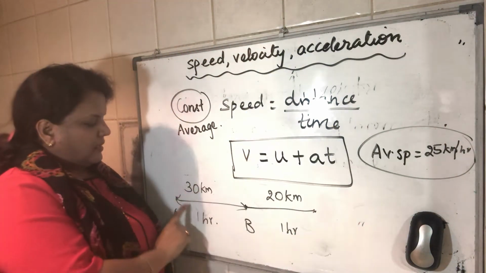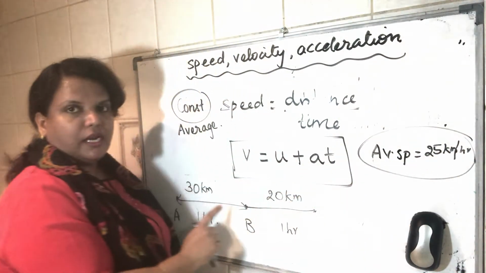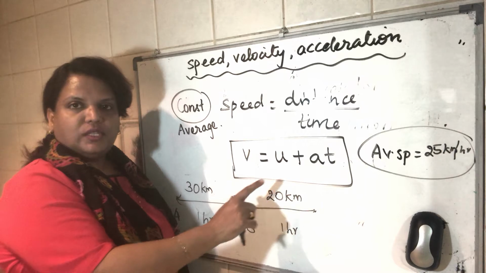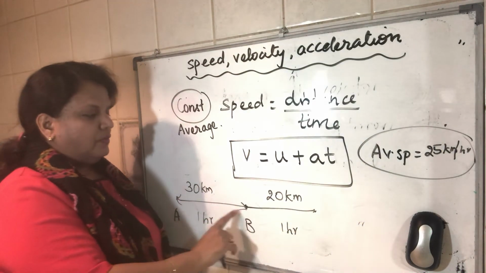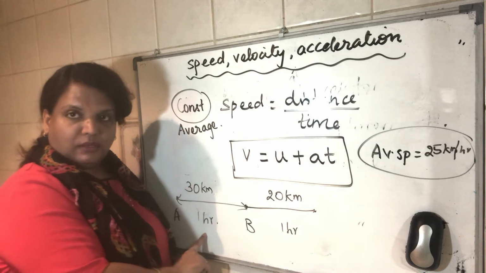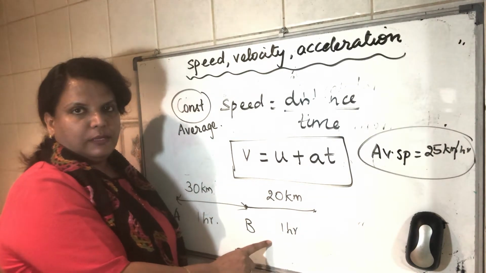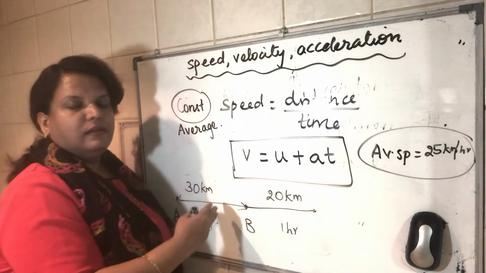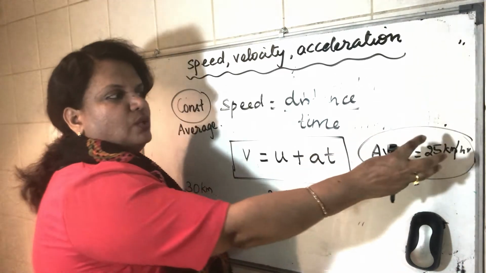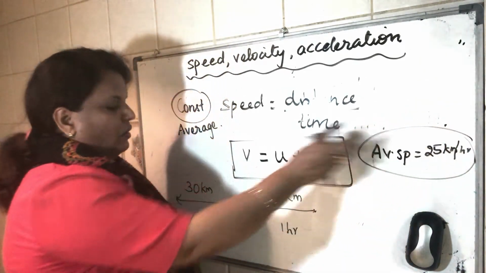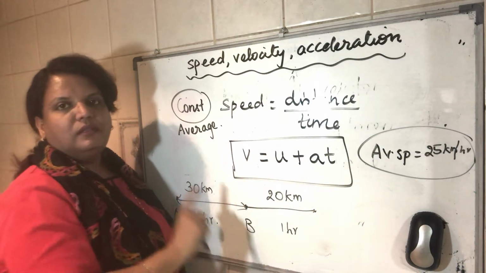But if you look at it, is it traveling at 25 kilometers per hour at any point in this journey? No. Because for the first hour it is traveling at 30 km per hour, and for the second hour at 20 km per hour. So at no point is the object traveling at this speed. It only gives you an average estimation of the entire journey. It is not equal to the actual speed.